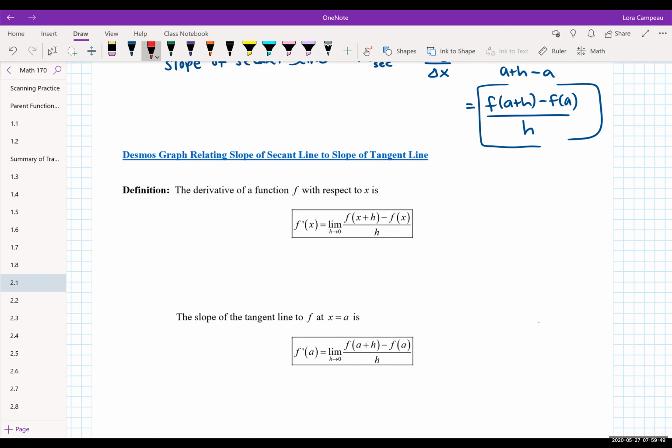So the derivative of a function f with respect to x is, and then we have the boxed formula. We'll see our notation. I'll go back and talk about notation in a second, but a lot of times you can just say derivative of f.